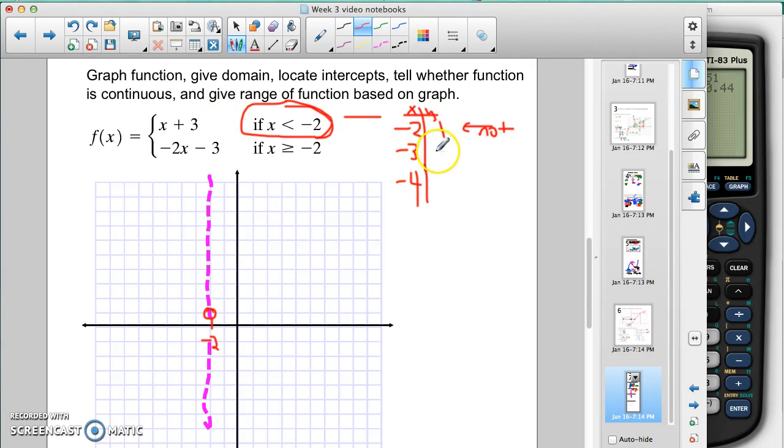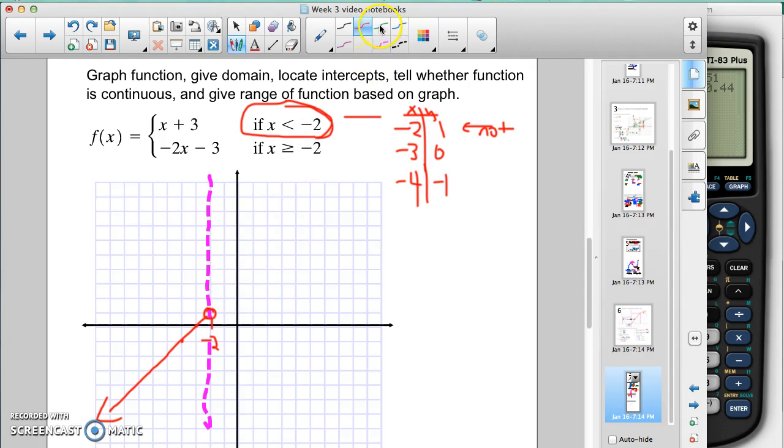And then I put in -3, that's going to be 0. And put in -4, that's going to be -1. So my graph goes to here and to here. It looks like it's going to be a straight line going this way, and it goes forever in this direction. Okay, so that's my line that goes this way.